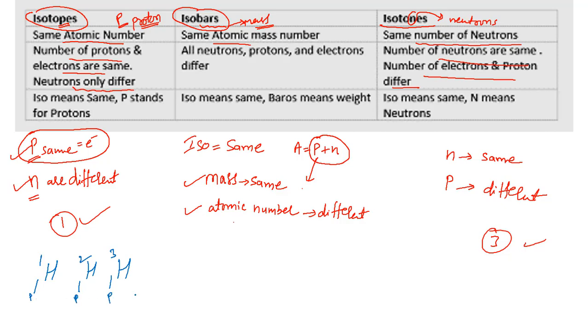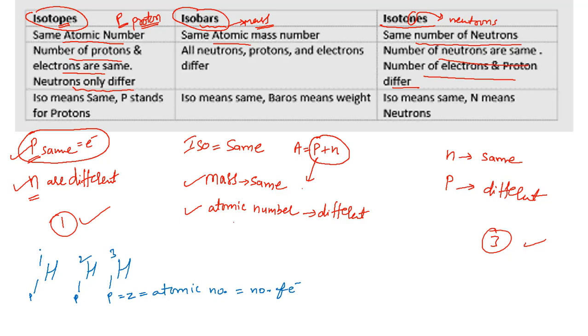How many protons are there? This is equal to Z, the atomic number. Atomic number equals the number of protons as well as the number of electrons. Same atom means the number of protons will be the same.